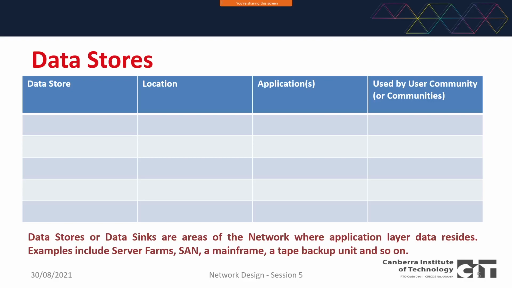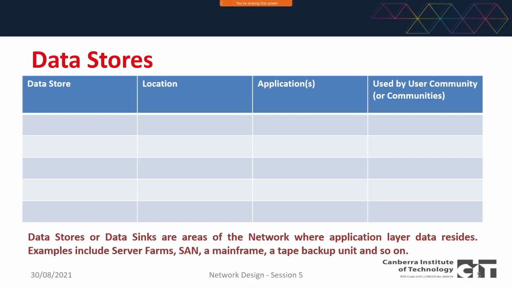Now, under some circumstances, some companies actually choose to have a data store on campus, so they have a server located within the premises. On-premises data stores are usually connected to the network as well, so usually a server which is attached to the network.